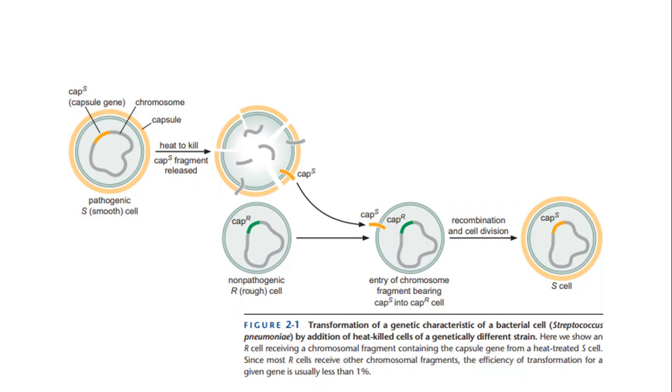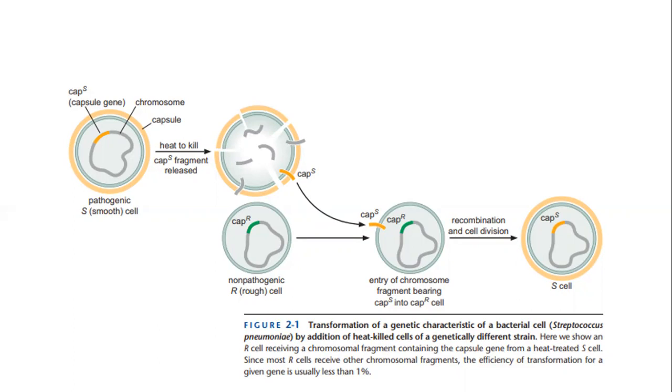In 1928, Frederick Griffith observed that a non-virulent strain of bacteria becomes virulent when mixed with its heat-killed pathogenic counterpart. The pathogenic strain is smooth because of the presence of a capsule encoded by the Cap-S allele, and the non-pathogenic bacteria are rough because of the absence of a capsule, controlled by the Cap-R allele.